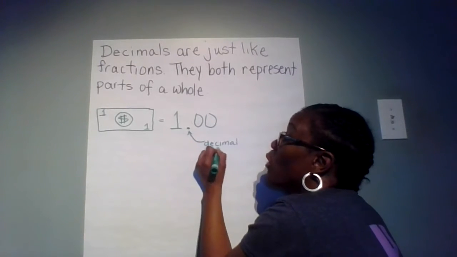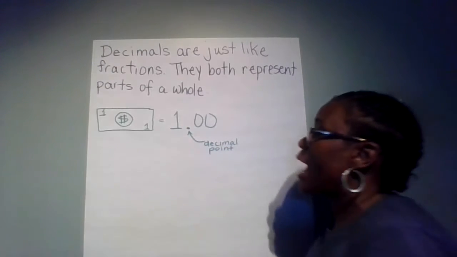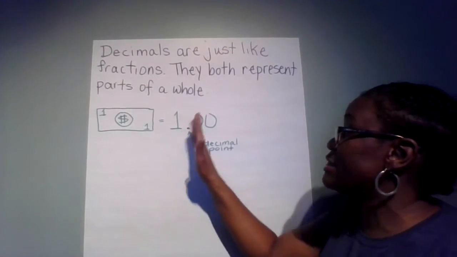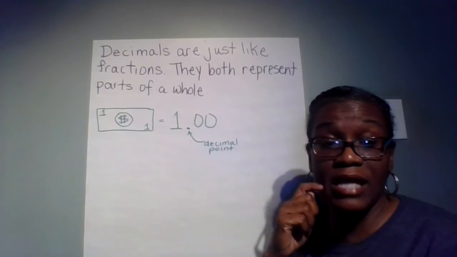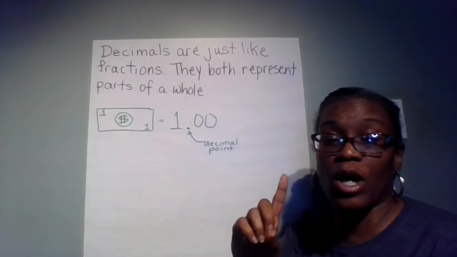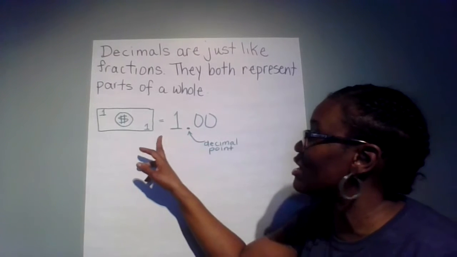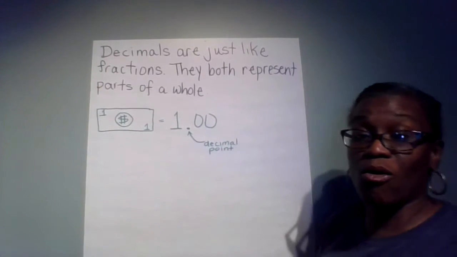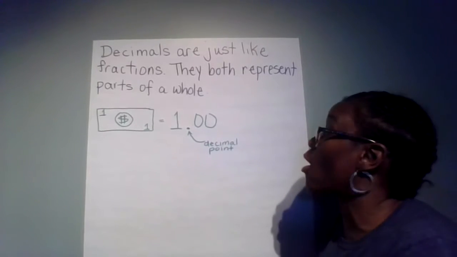Your decimal point. And that decimal point indicates that anything to the right of the decimal is less than one whole, and anything to the left of the decimal is greater than one whole, is at least one whole or greater.